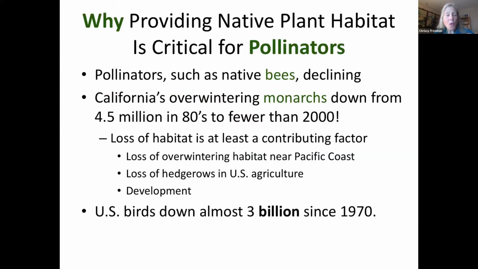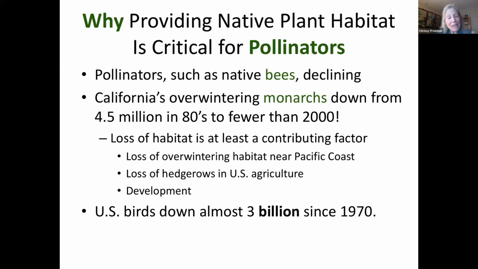So why does it matter that we provide native plant habitat for our pollinators? Pollinator populations are dropping significantly in California, which is home to more native plant species than any other state. It's also home to the most native bee species, 1,600 species of native bees, but the honeybee, by the way, is not native.